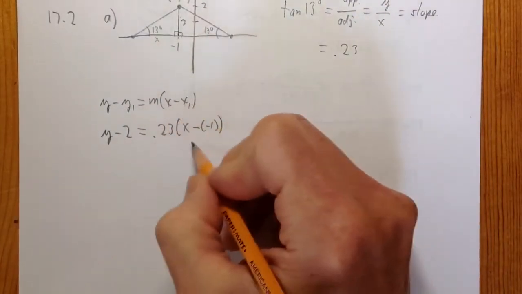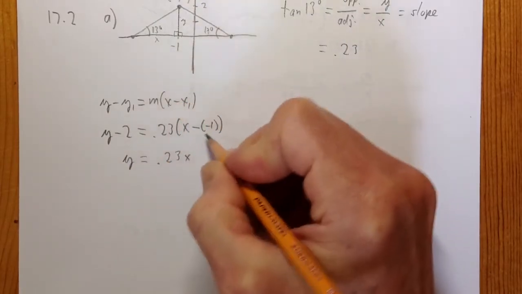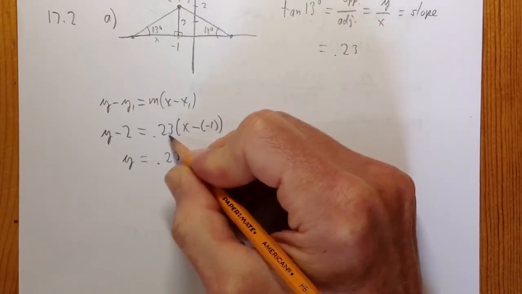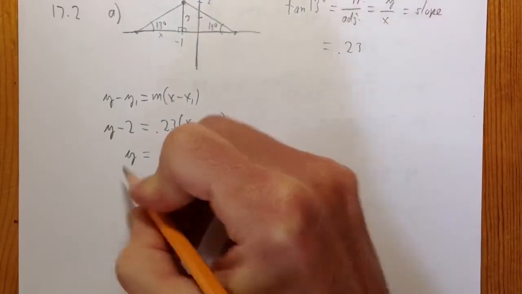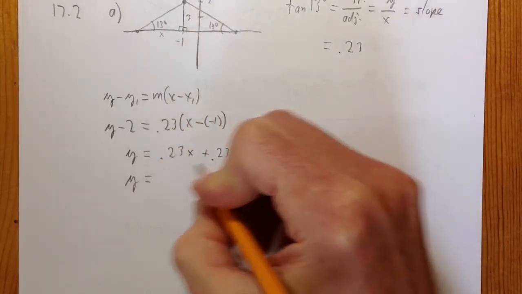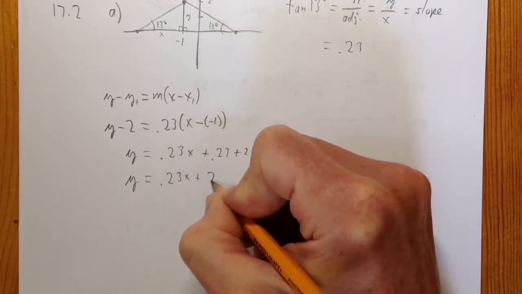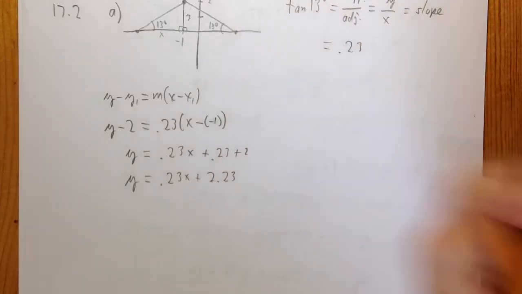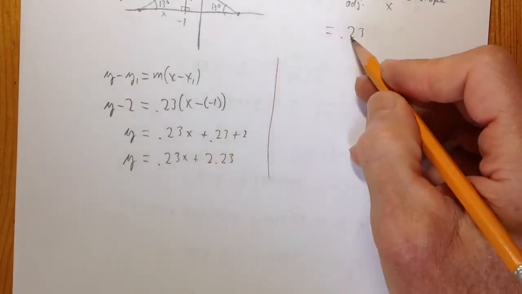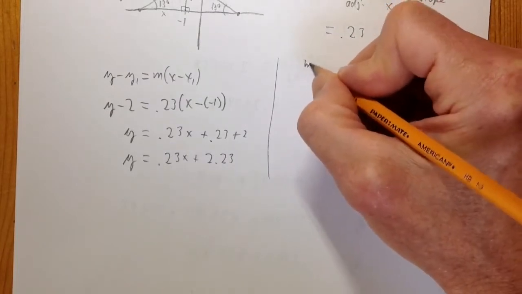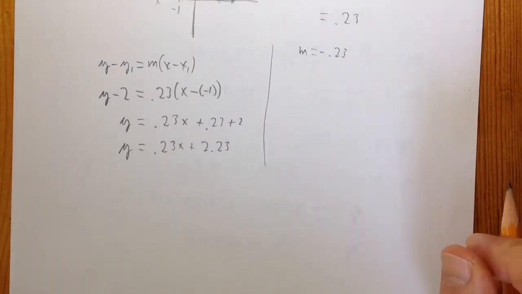So y is equal to 0.23x, plus 1 times 0.23, so plus 0.23, plus 2, or y is equal to 0.23x plus 2.23. I think that looks right. Okay, there's one of the lines, and then the other line, we just use the slope negative 0.23. And I'll let you guys do that one on your own.